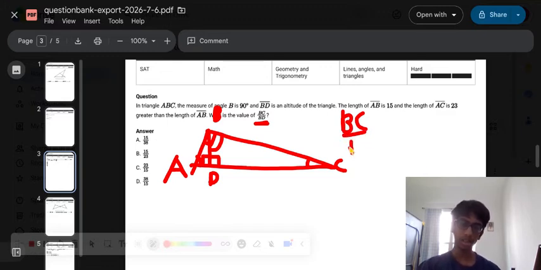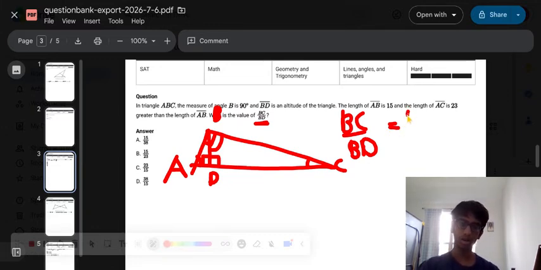The way we can do this is BC is your hypotenuse, and BD is this longer leg. So the hypotenuse of your triangle ABC is clearly AC.